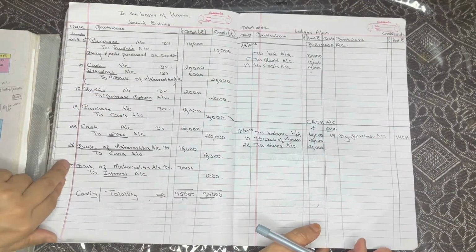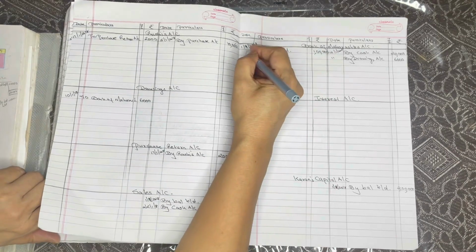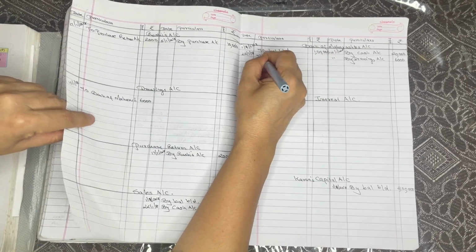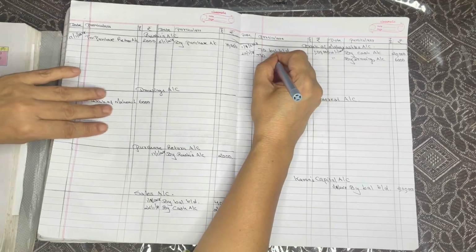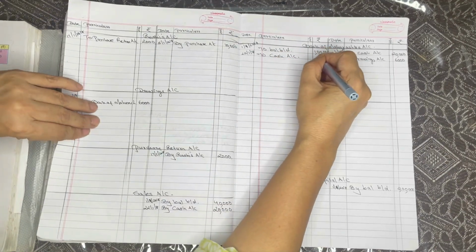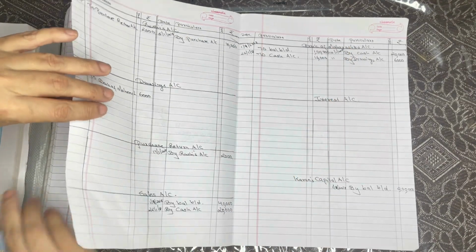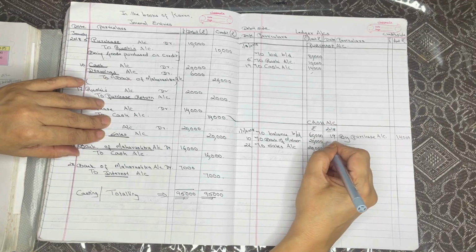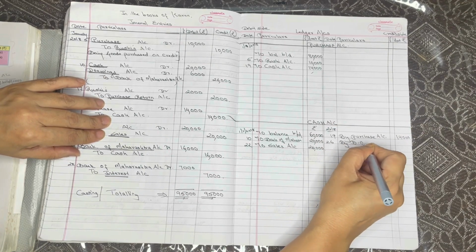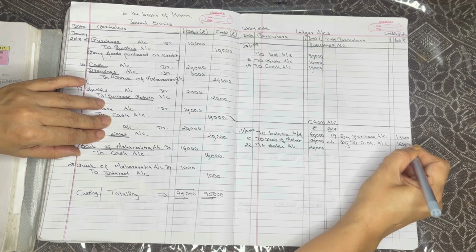Next is Bank of Maharashtra account debit to cash 16,000. Date is 26th of Jan 2018. Bank of Maharashtra to cash account. It is 16,000. So Bank of Maharashtra debit side to cash, and in cash account by Bank of Maharashtra account credit effect 16,000.